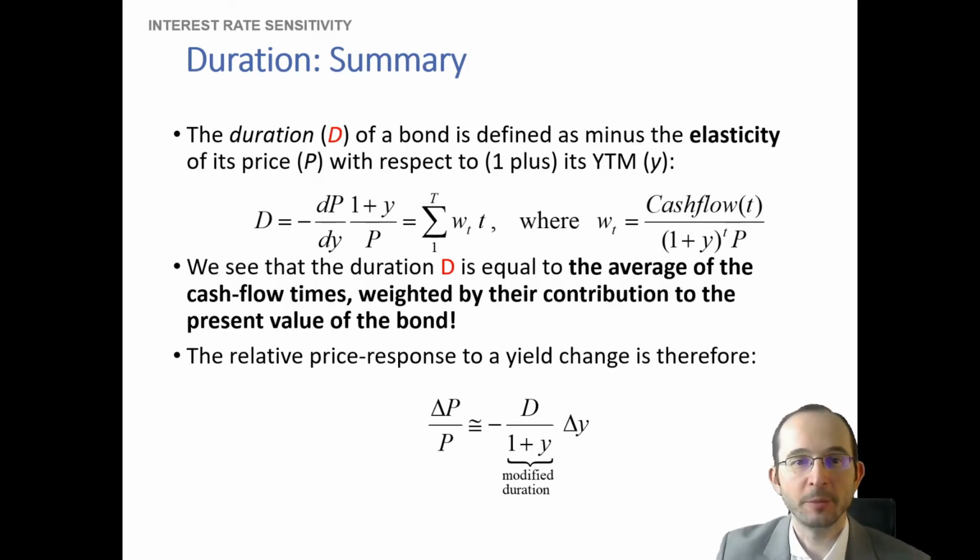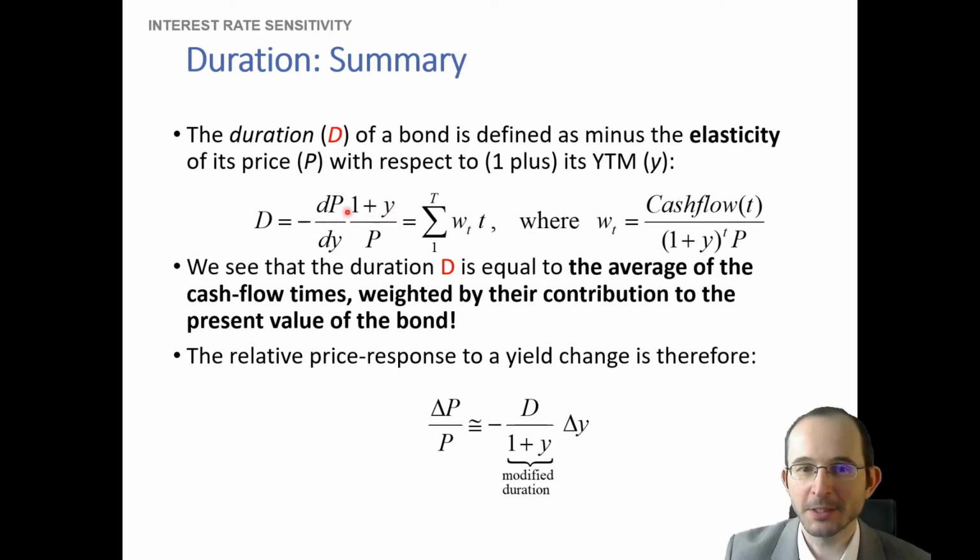So now we have a formula for duration. We see that it's the negative elasticity of the price with respect to yield, or more technically, 1 plus the yield. And the way that quantity is actually calculated is a summation of the weights of each cash flow times the time that the cash flow is occurring, summed up across all cash flows.